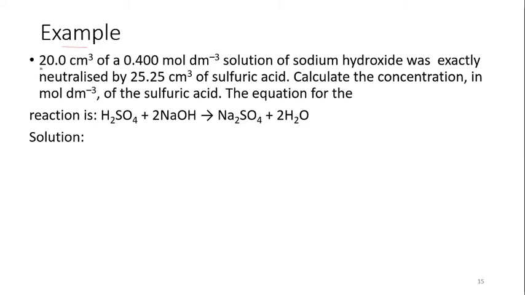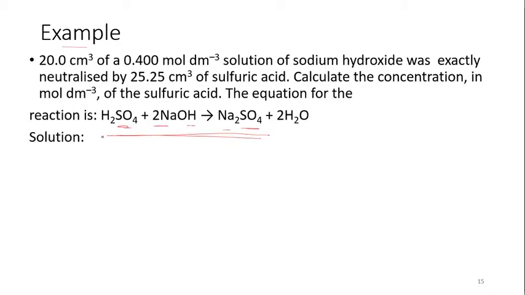Example: 20 cubic centimeter of 0.04 mole per cubic decimeter solution of sodium hydroxide was exactly neutralized against 25.25 cubic centimeter sulfuric acid. Calculate the concentration of the sulfuric acid. If I look here at the equation, I have to look first if my equation is balanced.